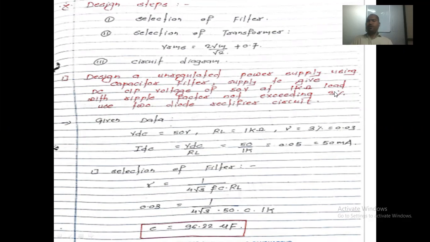See, in this we have to follow all the rules of the capacitor type of filter. Design an unregulated power supply using capacitor filter, supply to give DC output voltage of 50 volt at 1 kilo ohm load with ripple factor not exceeding 3%. Use two diode rectifier circuit.